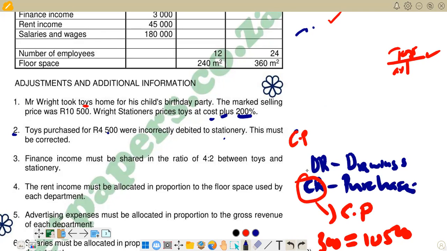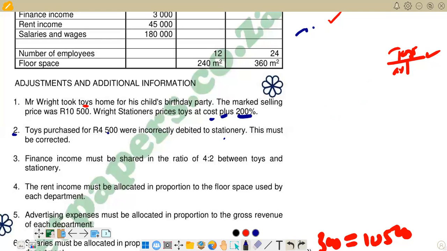We are saying we have 240 is to 360, the first one representing toys and this one stationery. So what do we do? We add the two to get the total: 240 plus 360. And you get 600. So 600 is going to be the denominator.